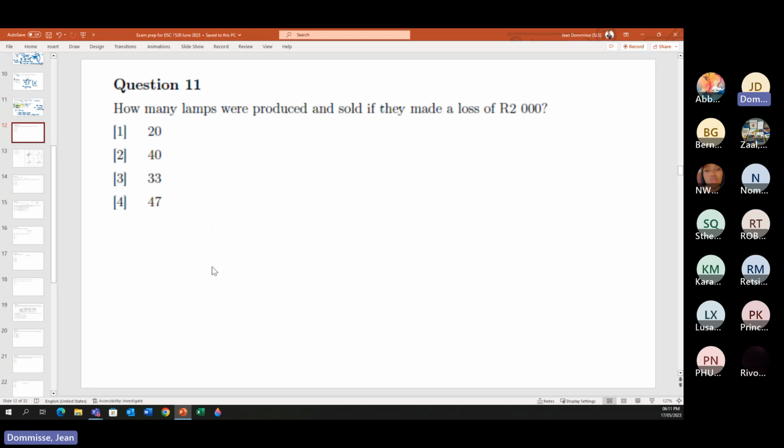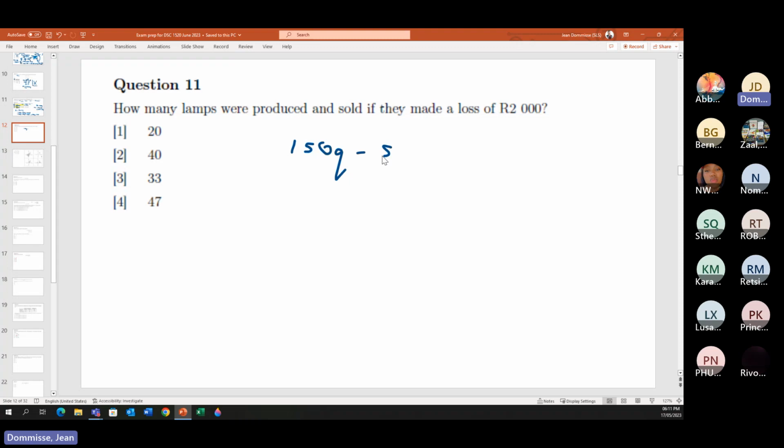They probably will ask: how many lamps were produced and sold if they made a loss of 2,000? Your profit function was this.